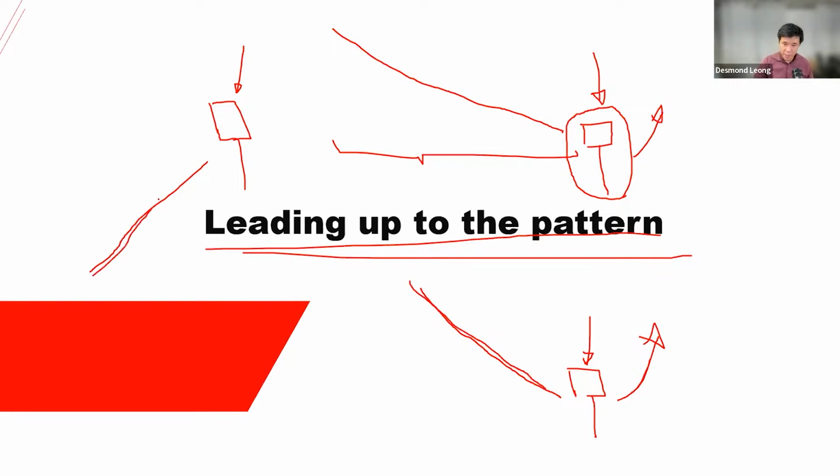But if price is coming up this way, it changes from a bullish hammer into a hanging man. And that becomes a bearish signal. So you see, just changing the lead up to the candlestick pattern changes it from a bullish to a bearish, or bearish to a bullish kind of signal.